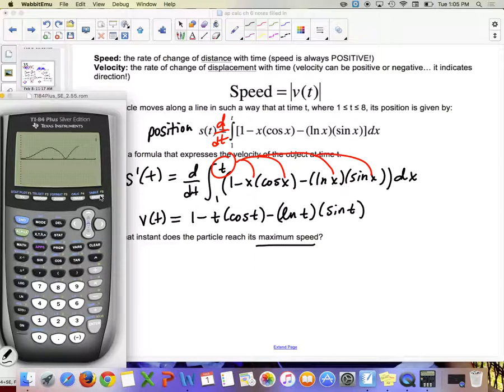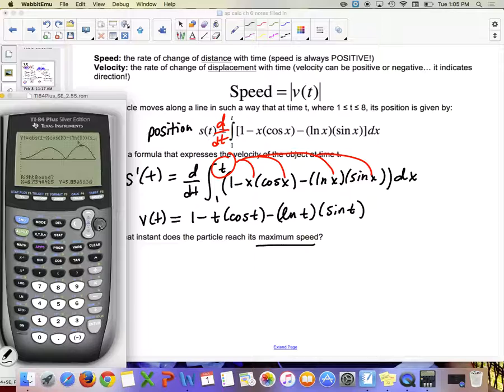If we're finding the maximum speed, we're basically finding the highest point, right? The t value, it says at what instant, at what time. And so you're comparing these two heights. This second one looks higher, right? So we do second trace, maximum, and we just find it. Don't overcomplicate things. Don't think, oh, this is calculus class, it says maximum, I need to take the derivative and set it equal to 0.